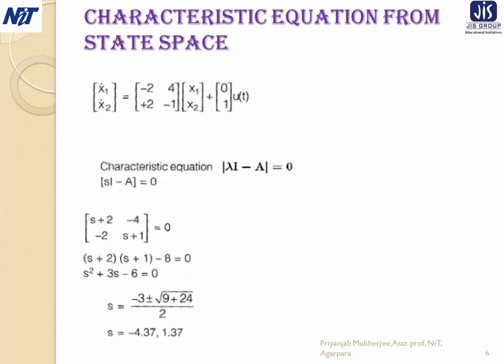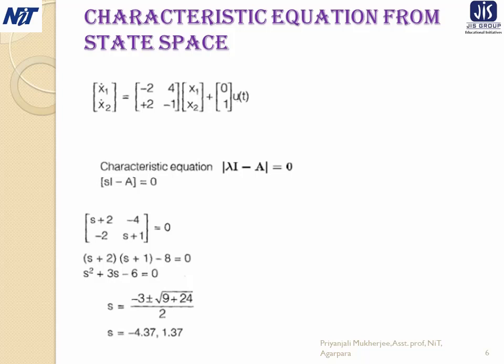Next is the characteristic equation from the state space. Here one system is given, and the system is represented by x1 dot, x2 dot equal to [-2, 4; 2, -1] into x1, x2 plus [0; 1] into u(t).